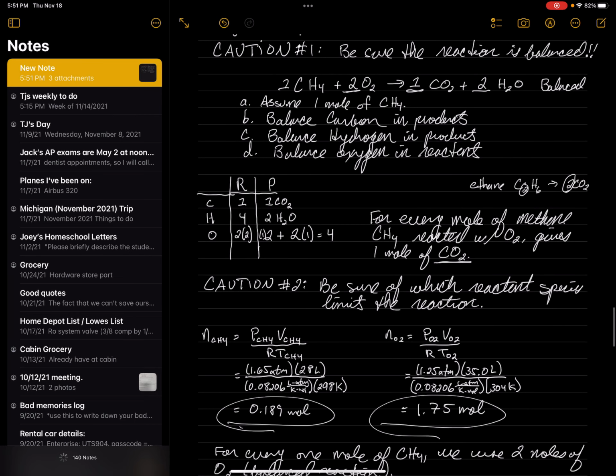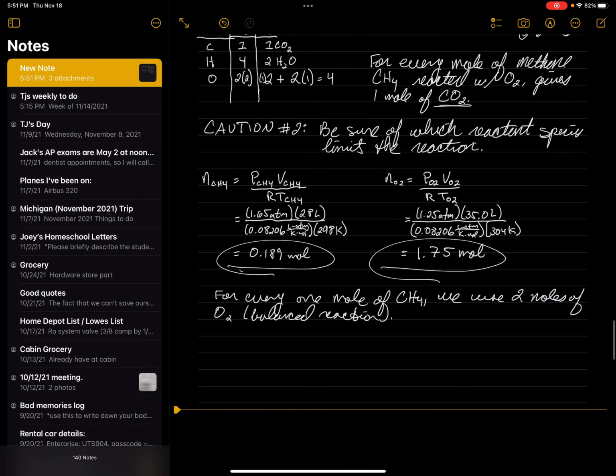Okay, we got that from this expression up here. And so we have n CH4 in our actual reaction of 0.189 moles. That means we need 2 times the number of moles of oxygen to burn the available methane.